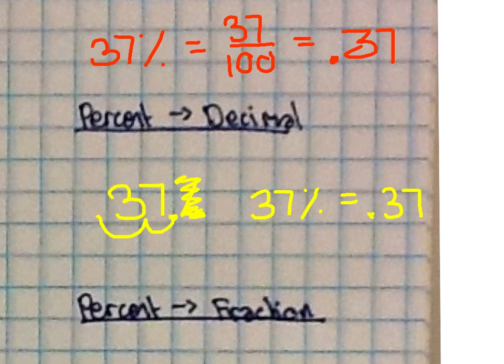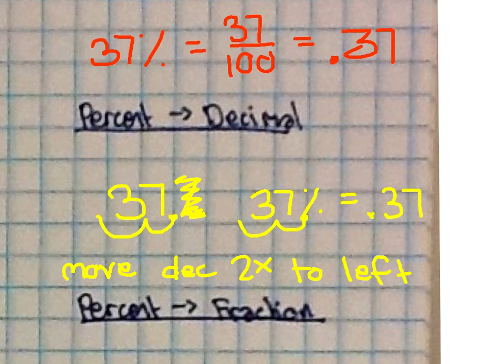So to show your work, you just have to go 1, 2. And the decimal always starts at the end. So for the steps on this one, just write move decimal 2 times to the left. Think of Beyonce, that song of hers, to the left, to the left. All right, on to the next topic.